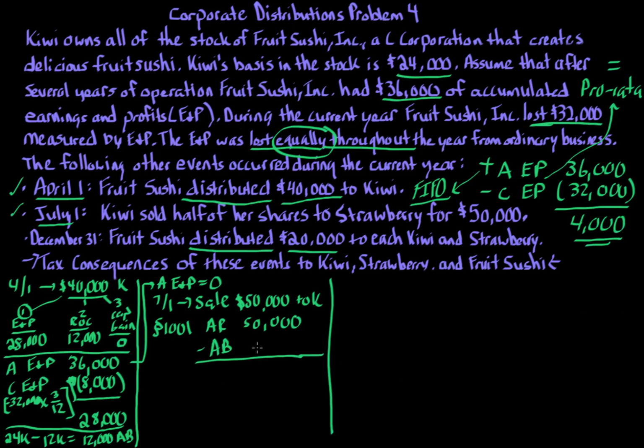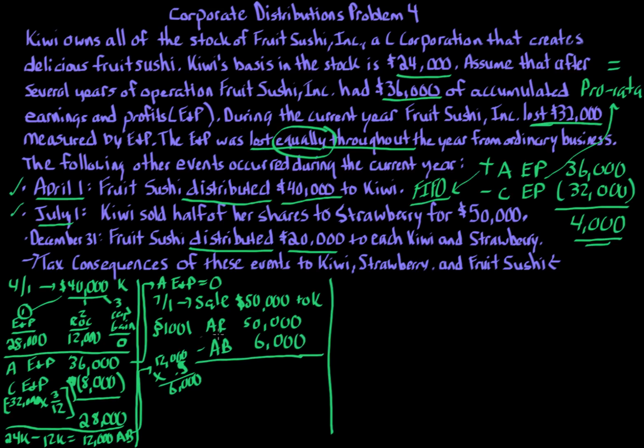The adjusted basis is the basis of the stock as of this date, which is 12,000. But be careful, the 12,000 is the full 12,000. This comes from April 1st after that transaction, but Kiwi is only selling half. So this is times 0.5 for half, which is 6,000. So the adjusted basis is going to be 6,000.